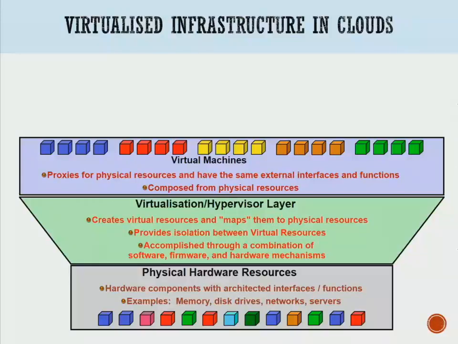And now, on top of that, instead of running an operating system, you run this virtualization layer or virtualization interface, whose main function is to create multiple copies of virtual resources and somehow map them into the physical resources. How to create a virtual CPU and create allocation for that on the physical resource.